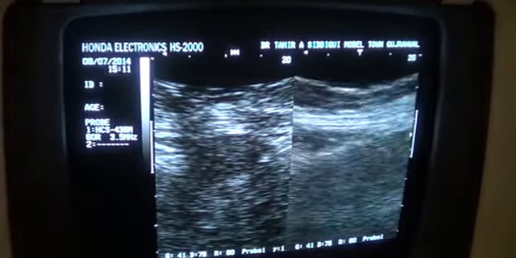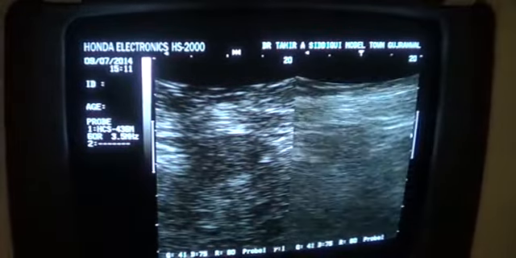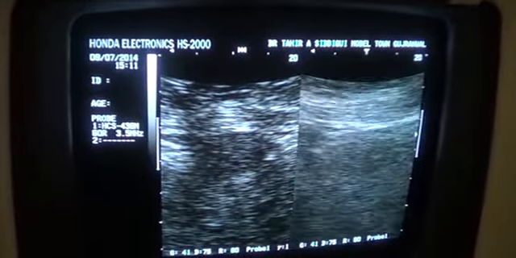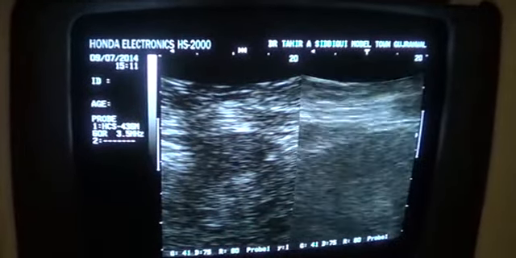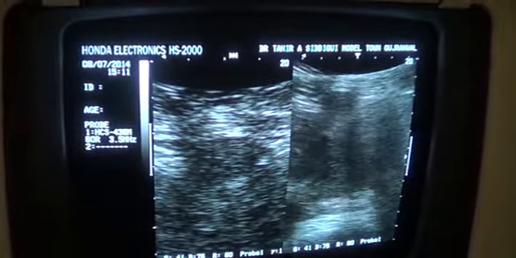This is the second one below it. I have magnified it to the maximum on this machine. So this is the second one.